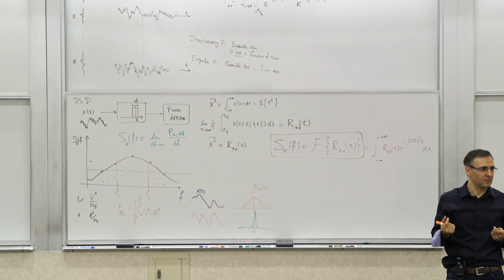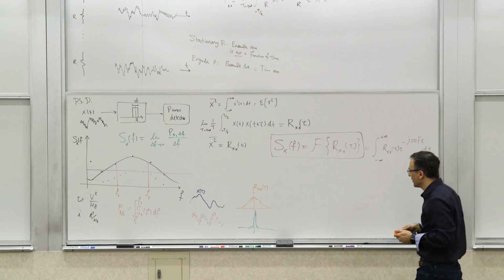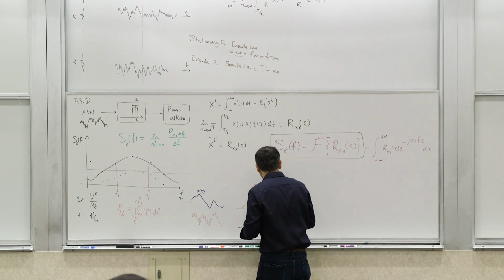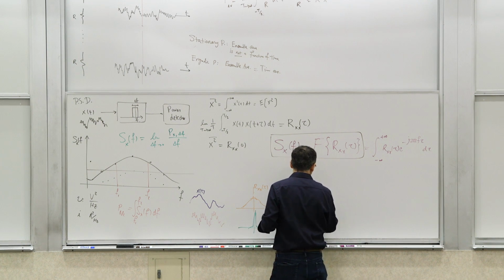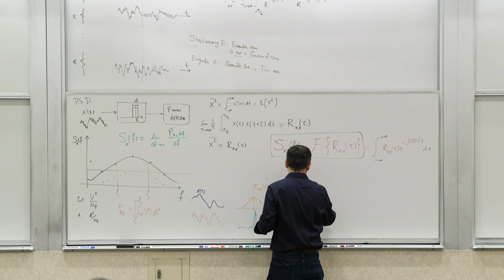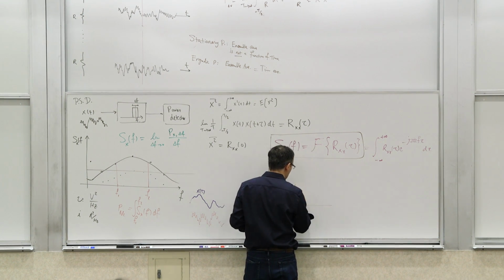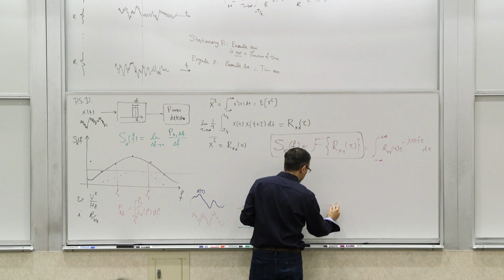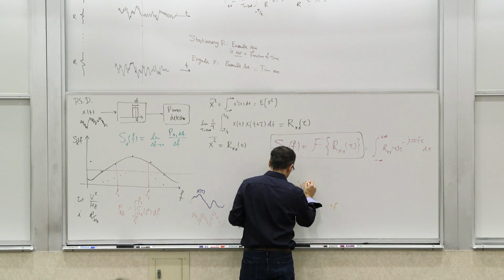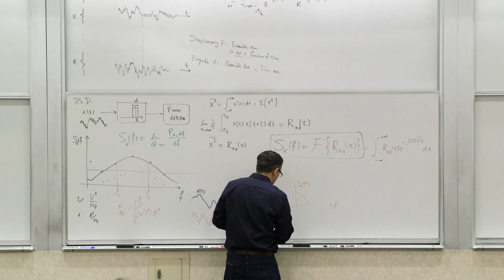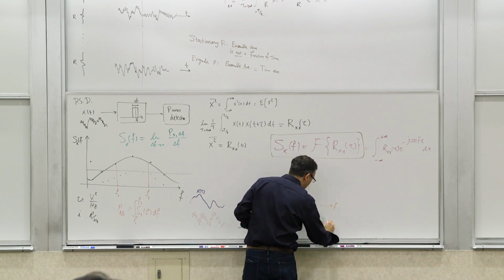Well, we know that what's narrow in one domain becomes wider in the other domain, and vice versa, right? So if this is your time domain, then the frequency domain of this would be narrower, so it would be a narrower spectrum. If you look at it one-sided, or sometimes two-sided, it will have a narrow spectrum. And this one will have a broader spectrum.